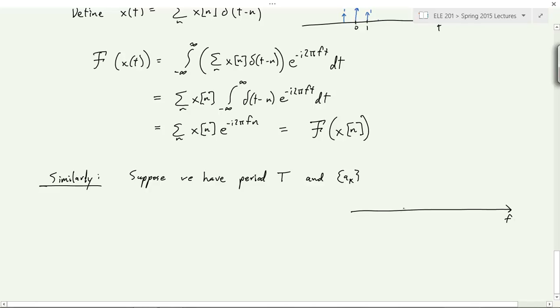So early on in the lectures we said each of these coefficients corresponds to a given frequency. That frequency is 1 over T, 2 over T, all multiples of the fundamental frequency. And the coefficients of the Fourier series are like values that correspond to these different frequencies. So this was the frequency domain representation of these Fourier series coefficients.